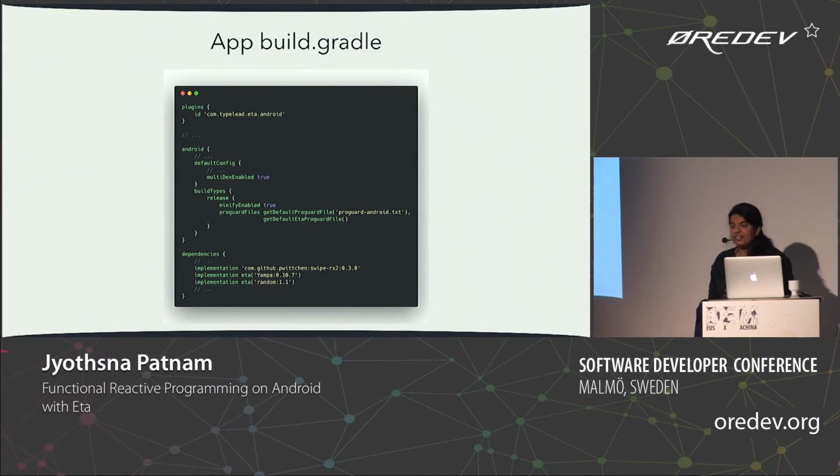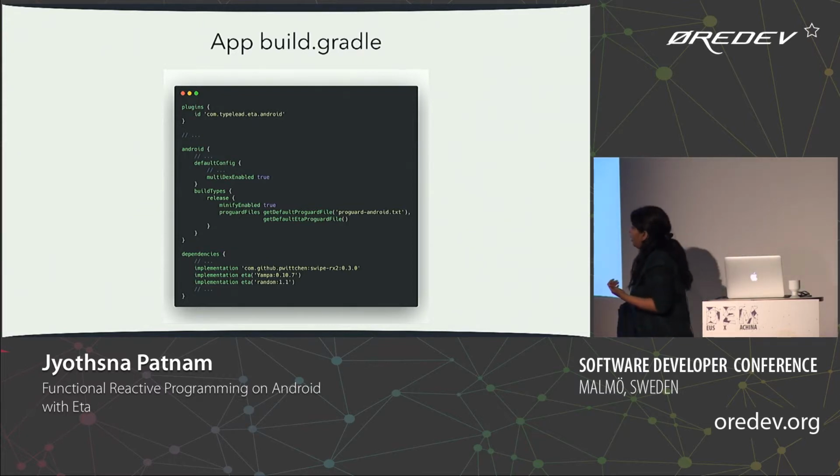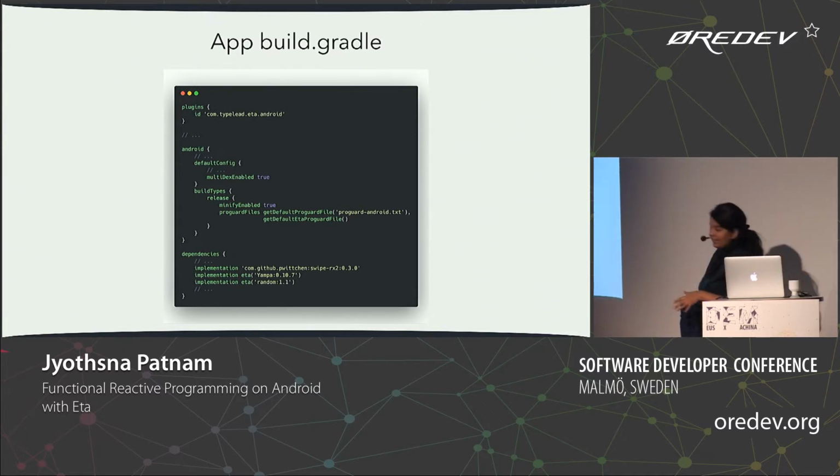A ProGuard file is used to remove any dead code generated by ETA. And in the third part, we include all the dependencies. You can see that we have one Android library here, which probably many of you are acquainted with, called RxSwipe, and the others are from the Haskell world. They are Yampa and Random.